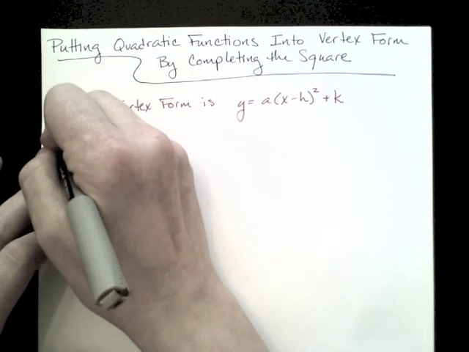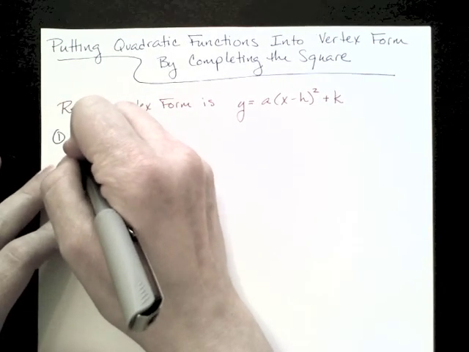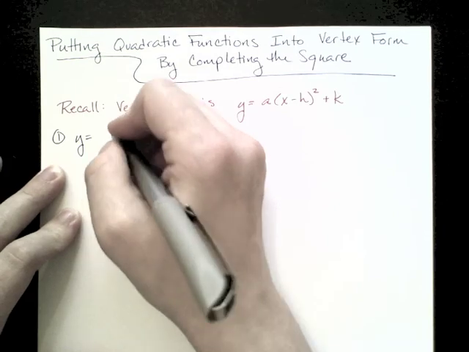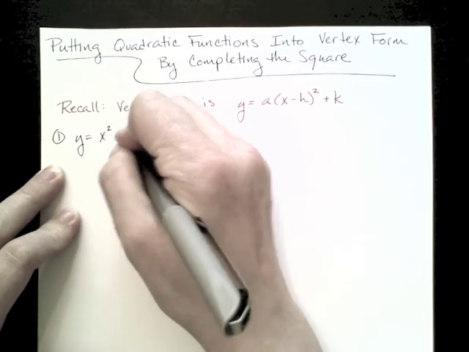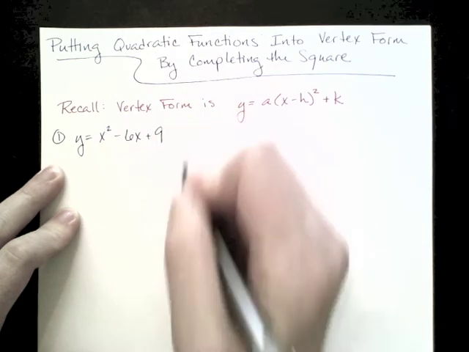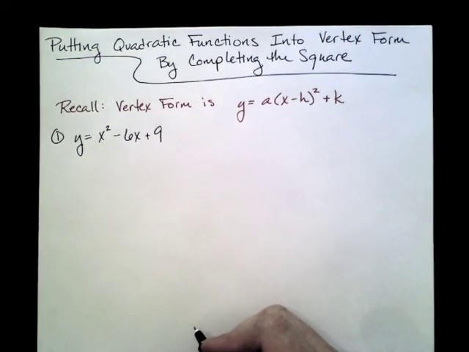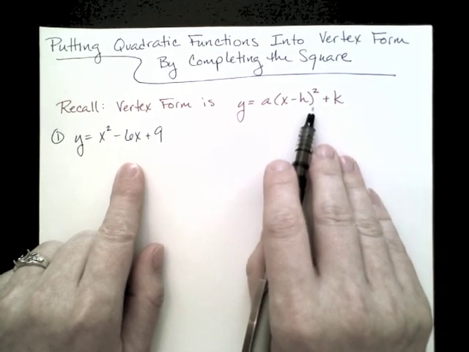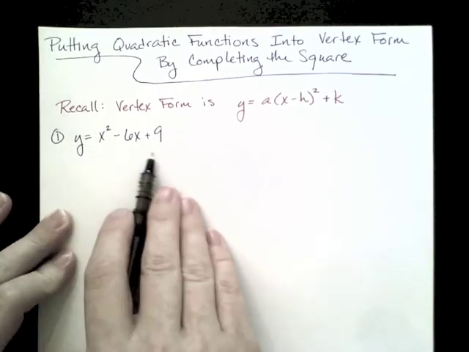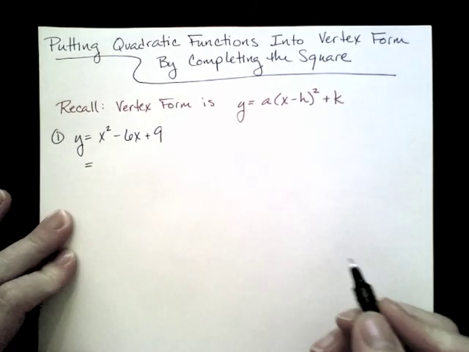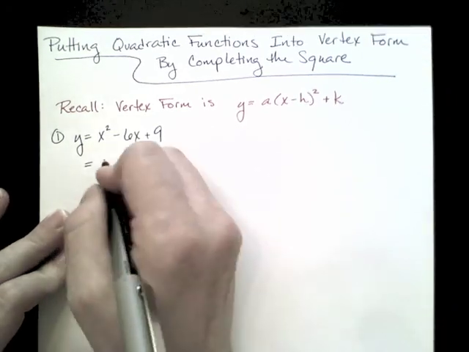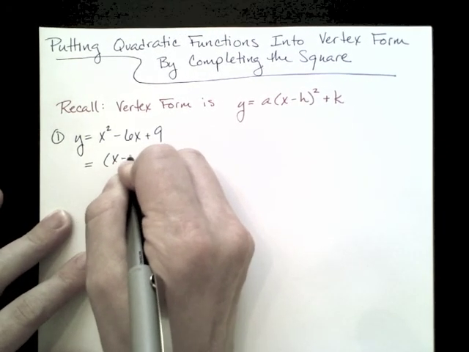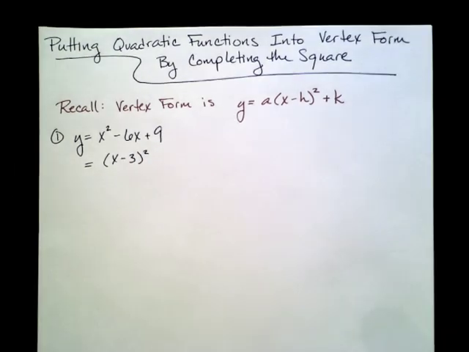So first, we'll go with y equals x squared minus 6x plus 9. We want to put this into vertex form. So we need a perfect square, and fortunately we have a very nice function here because when we factor it, it factors as a perfect square. x squared minus 6x plus 9 is x minus 3 quantity squared, which is kind of nice.